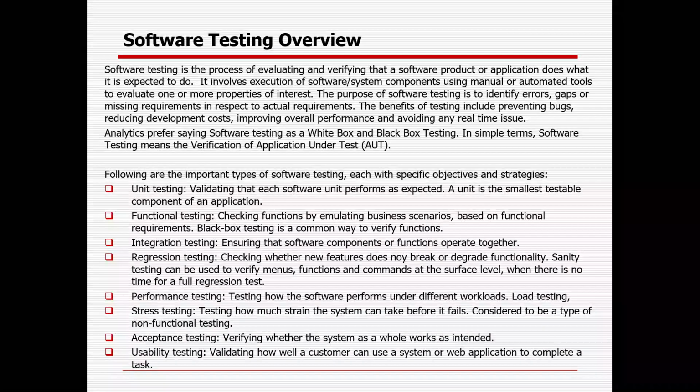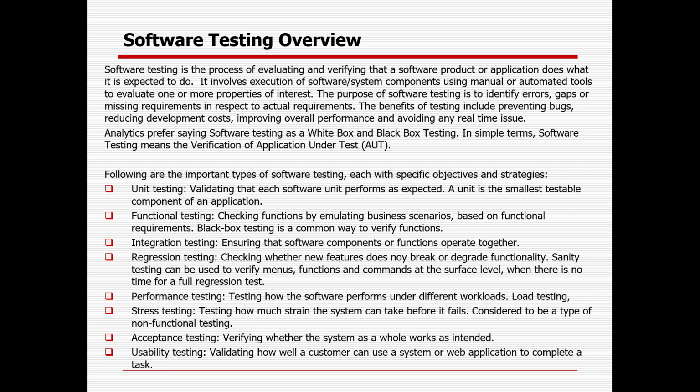Then we can do the security testing to check that your application or software is not under threat from other sources, so that your security is stabilized for your software. Then you can go with the acceptance testing, where the business user will certify that the system as a whole is working as per their intention, requirement or expectation.